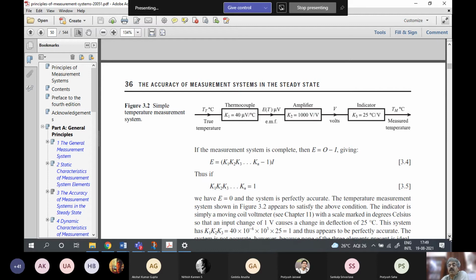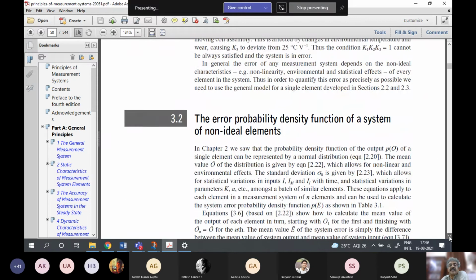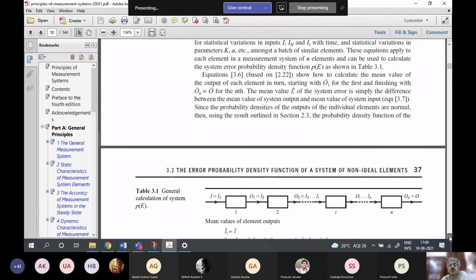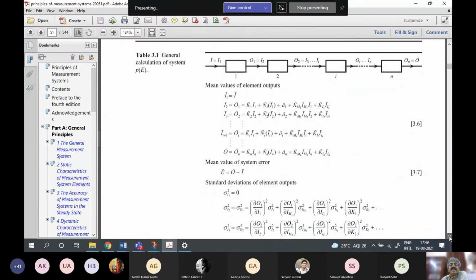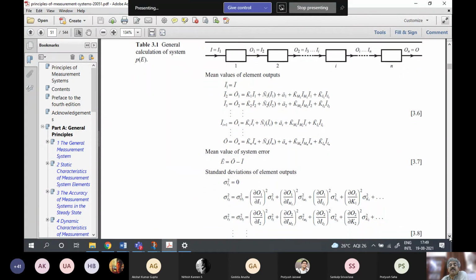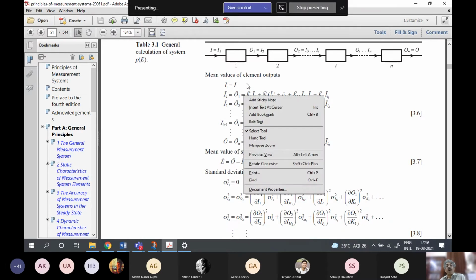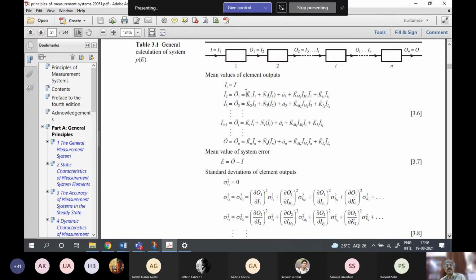Now if you have such a system, you can calculate, as I was saying, that if you have several blocks, then you can have I1 bar equal to I bar, which is the assumed value of the input. And then from I1 bar, you can calculate O1 bar, using the known values, or the data sheet values, of block 1.